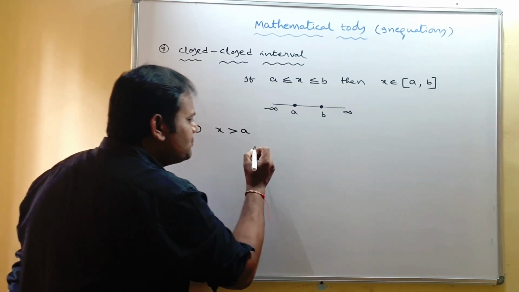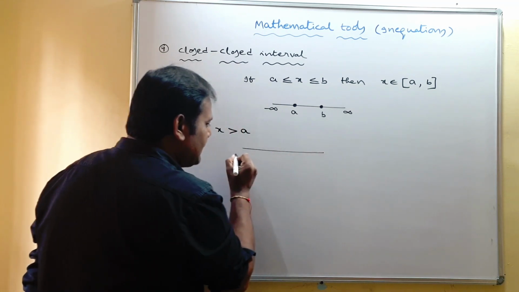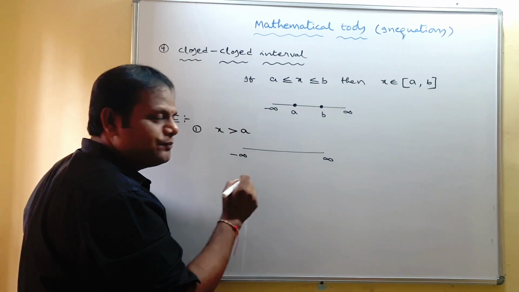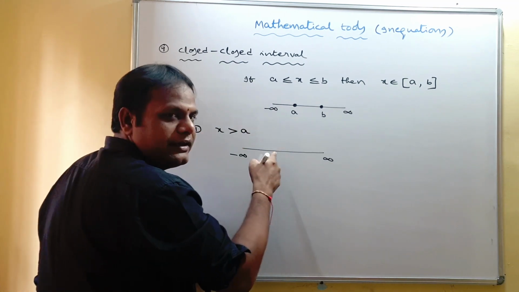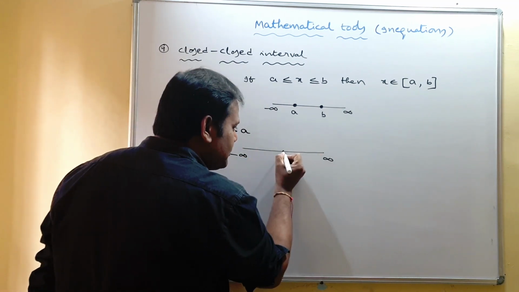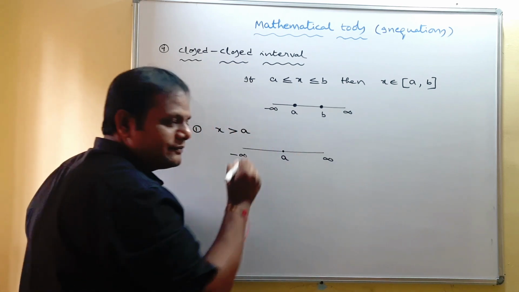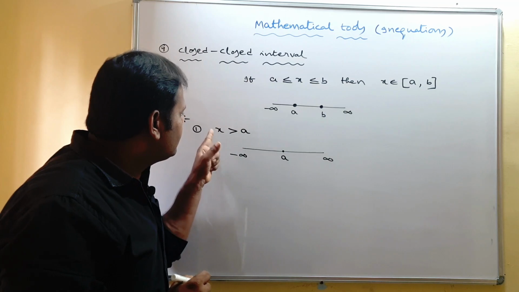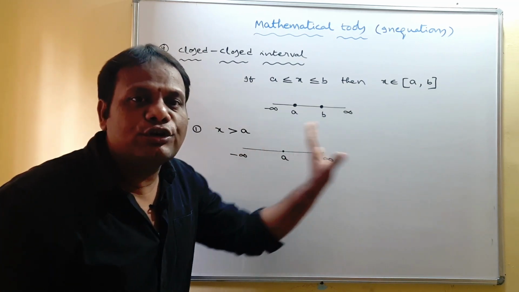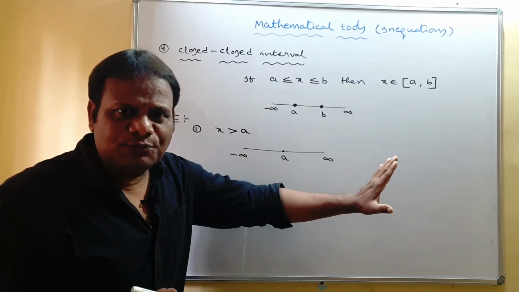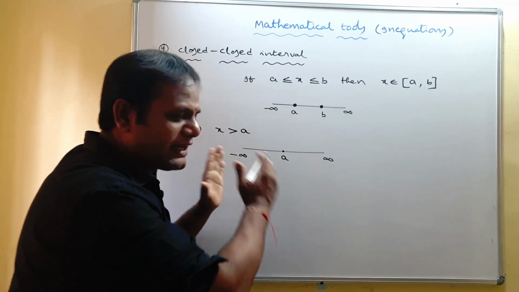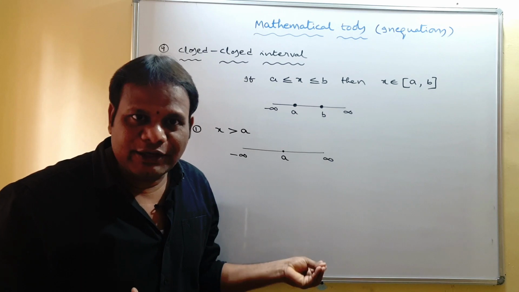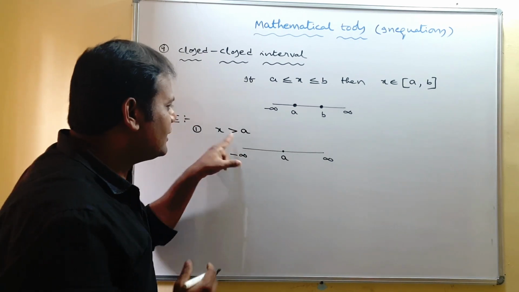See, x more than a. Suppose I am taking one real line, that is minus infinity to infinity, and marking a on this real line. What do we want? We want all the values more than a. All the values more than a means the right side of a. Yes, right side of a. Is a included? No, a is not included.